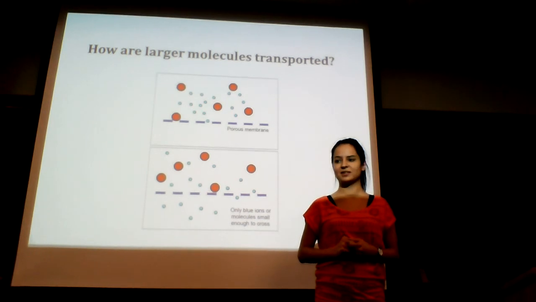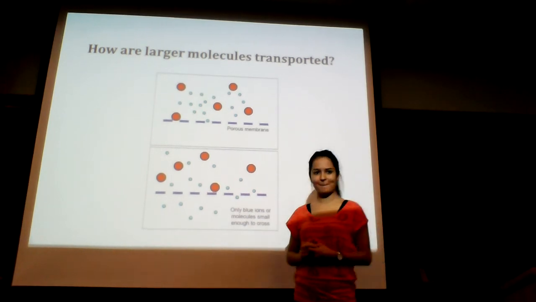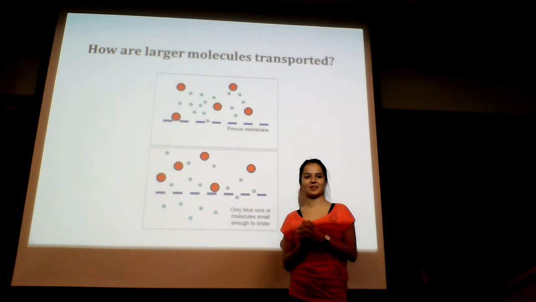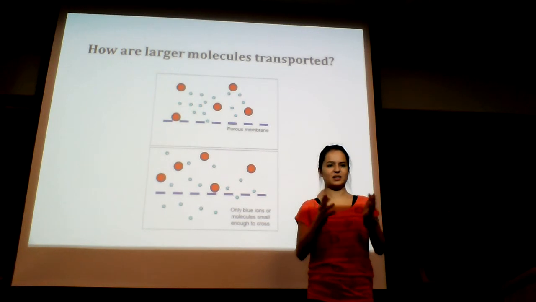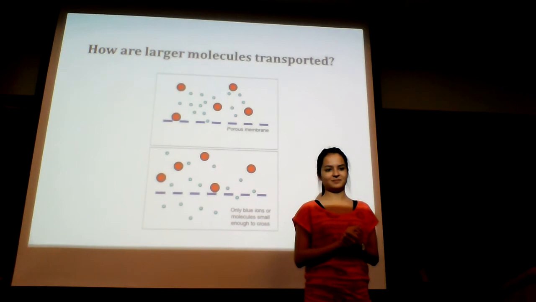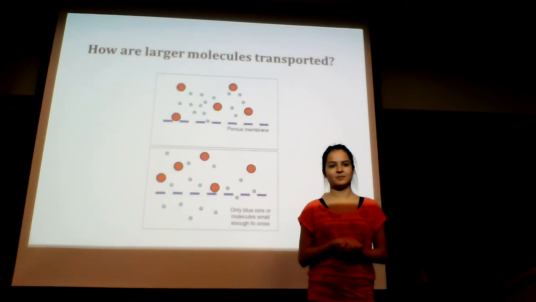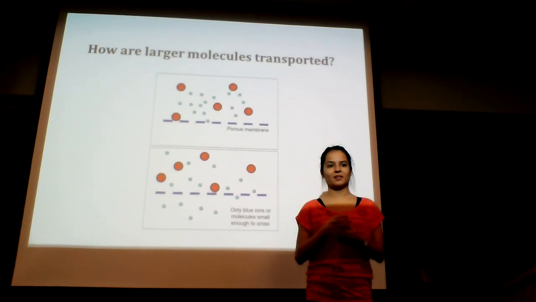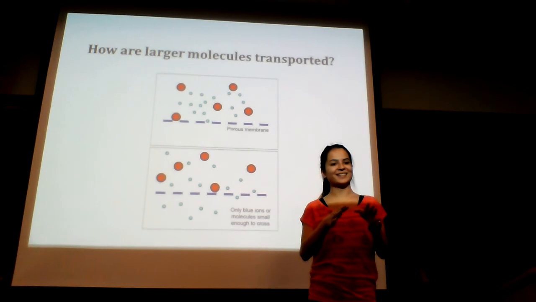Do you have any guess? Like a gate to open up to let the bigger things come through. Gates, you mean in the membrane? Or something that acts like a gate. You are getting there. Okay.